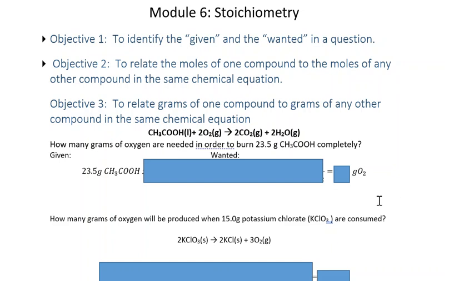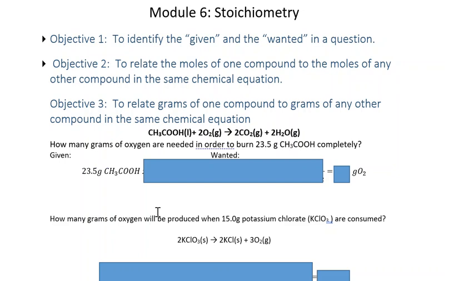Well, we can't say anything about grams of acetic acid as it relates to grams of oxygen. We can say something about moles of acetic acid, because I know 1 mole of acetic acid combines with 2 moles of oxygen in order to form carbon dioxide and water. So I need to convert my grams of acetic acid to moles, because that's what I can relate to.